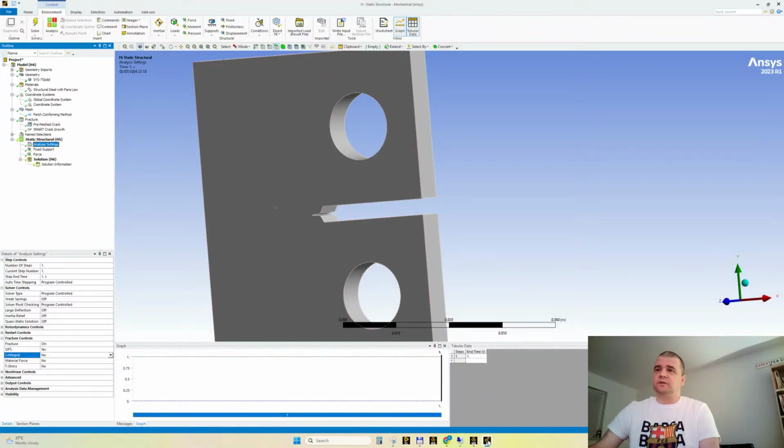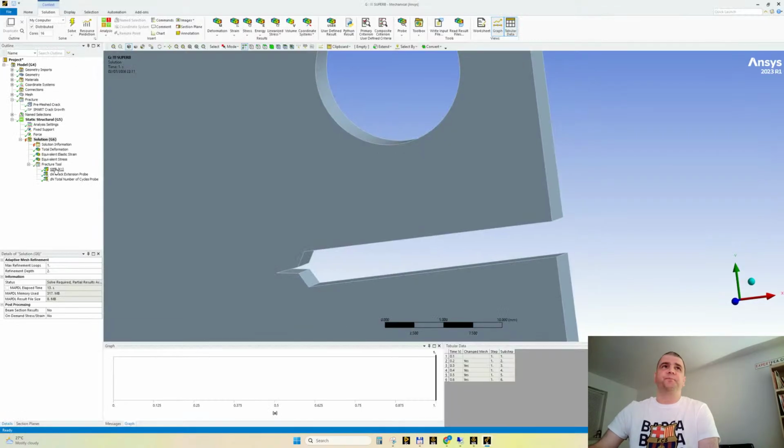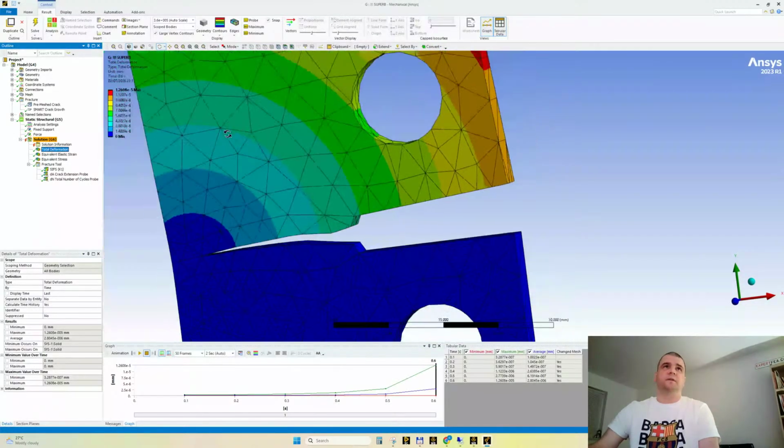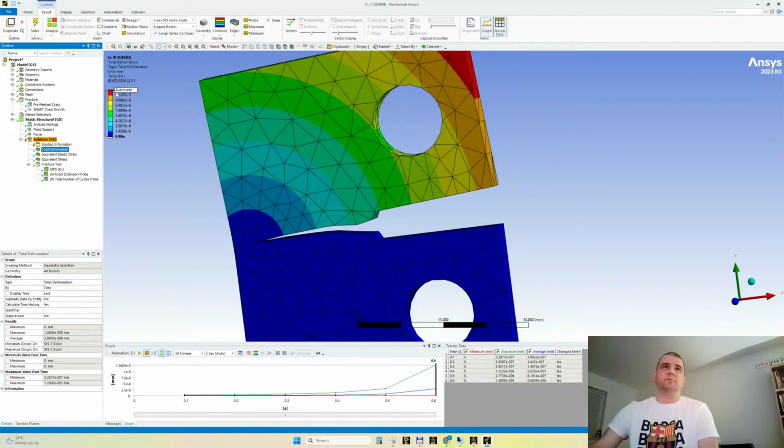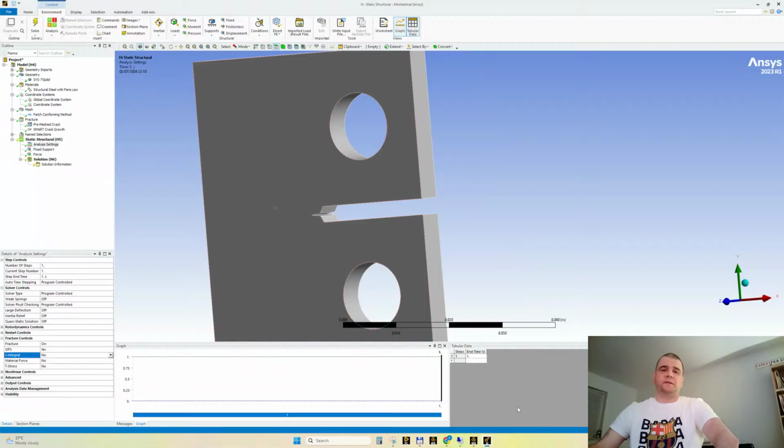Let me show it to you here. You see, it's very small. The software auto scales to show you this, but in reality the crack opening is very small. This is why we are still in the strength of materials domain.